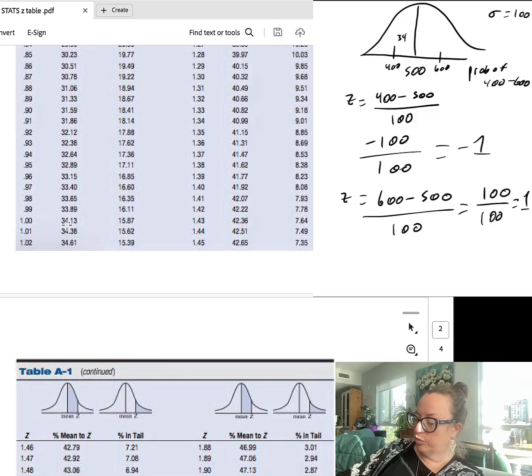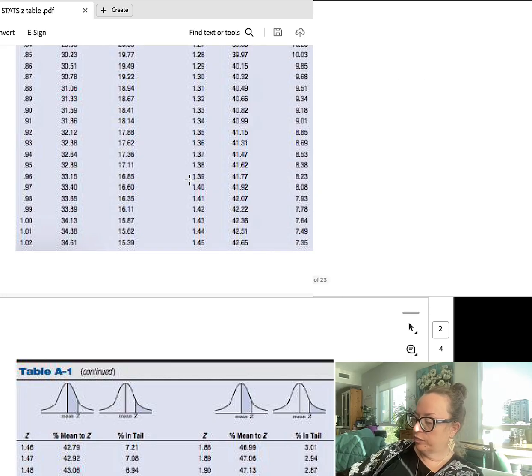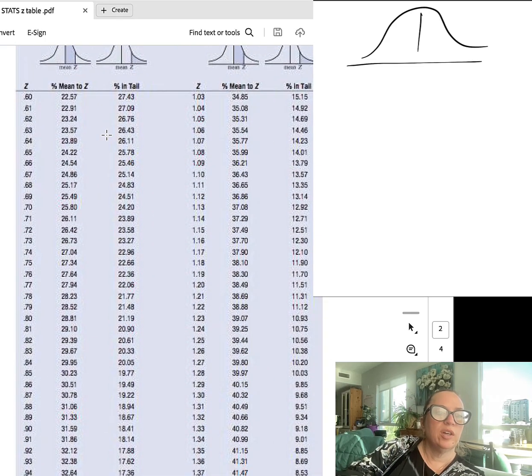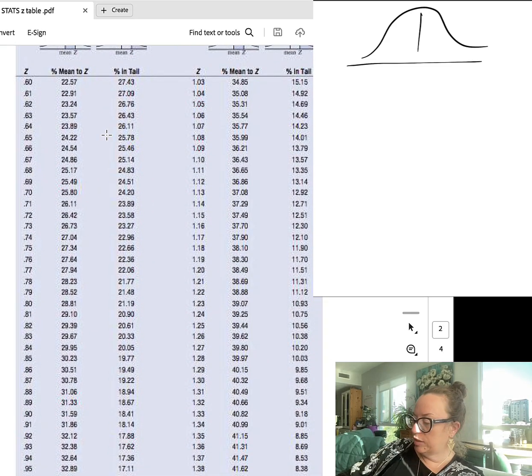You have 34.13% of people between 400 and 500, 34.13% of people between 500 and 600. You just add those together, you have 68.26%. Okay? Really simple. And so it doesn't matter what the z-score is. Let's say you've got a z-score of, let me just pick some random numbers, of 0.60.